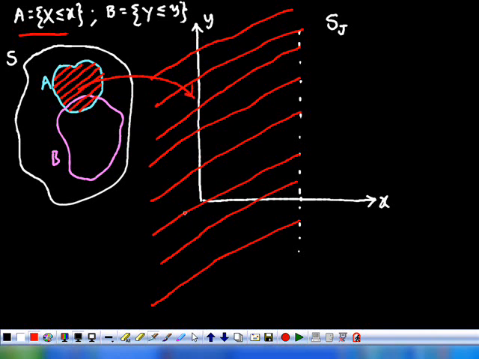This is the mapping. So here the random variable X is taking values less than or equivalent to x. Similarly, we can define one more event in which Y is less than or equivalent to y. Y less than or equivalent to some y means all these values.